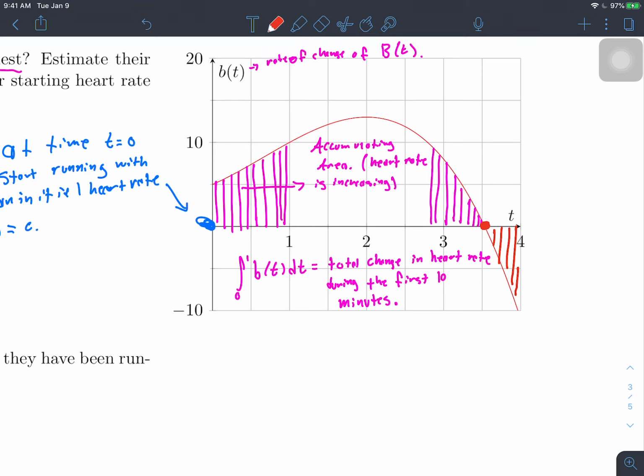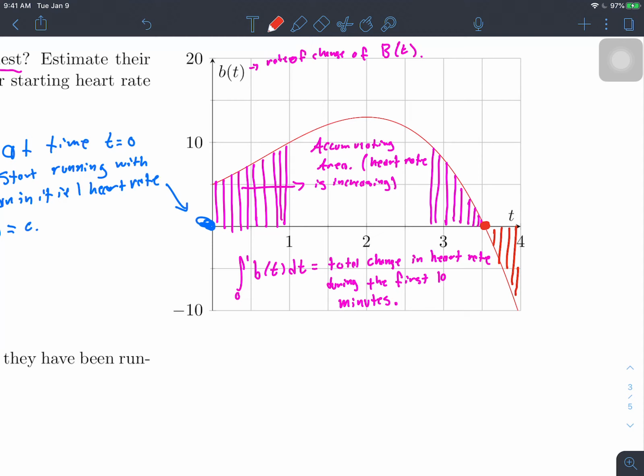So the way we should read this graph is, as we move from left to right, we accumulate the area. Since this graph is a graph of a rate of change, if we want to say something about the quantity which is changing, we have to be thinking about integration. The graphical interpretation of integration is accumulation of area under the curve.